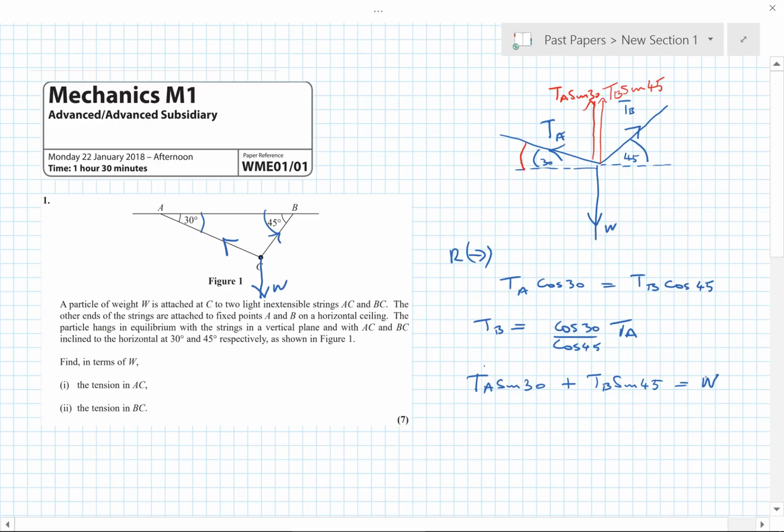Okay, now that's it. So now we can substitute for TB.